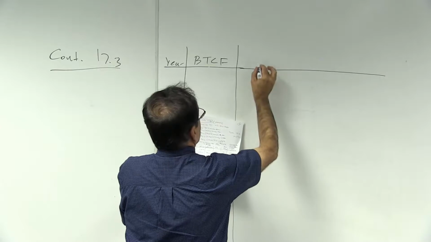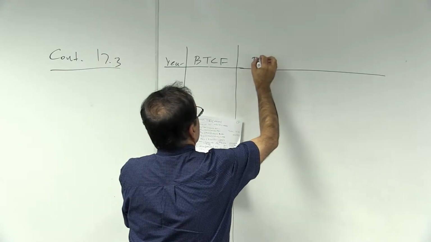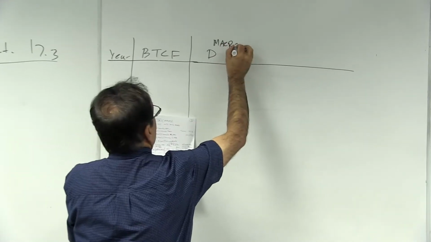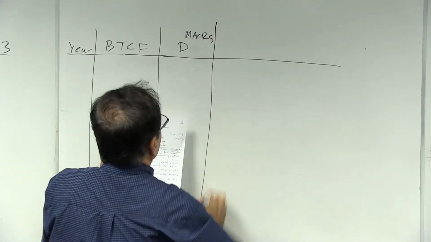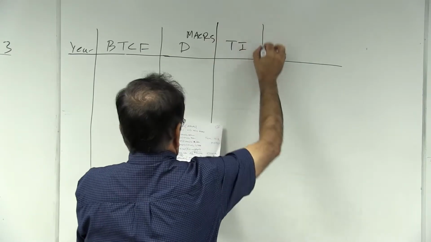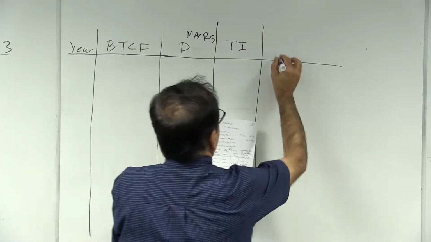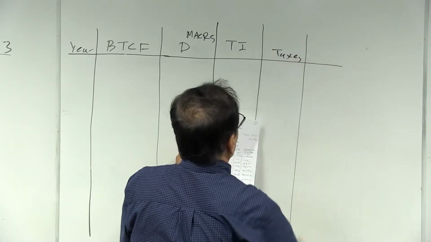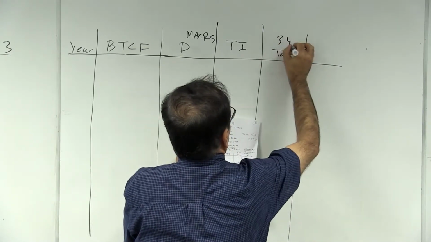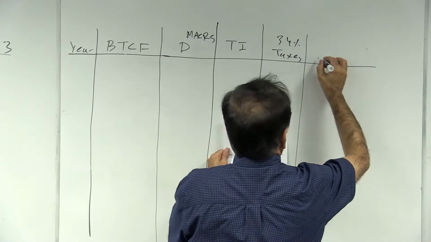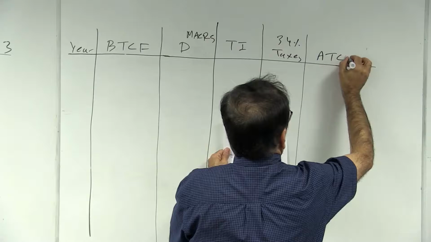The next one is the depreciation. This time you're going to use the modified accelerated cost recovery system. Then we're going to have your taxable income. Then we have the taxes. Again, we're going to assume the same rate applies, so 34%. And then the final column is called after tax cash flow.